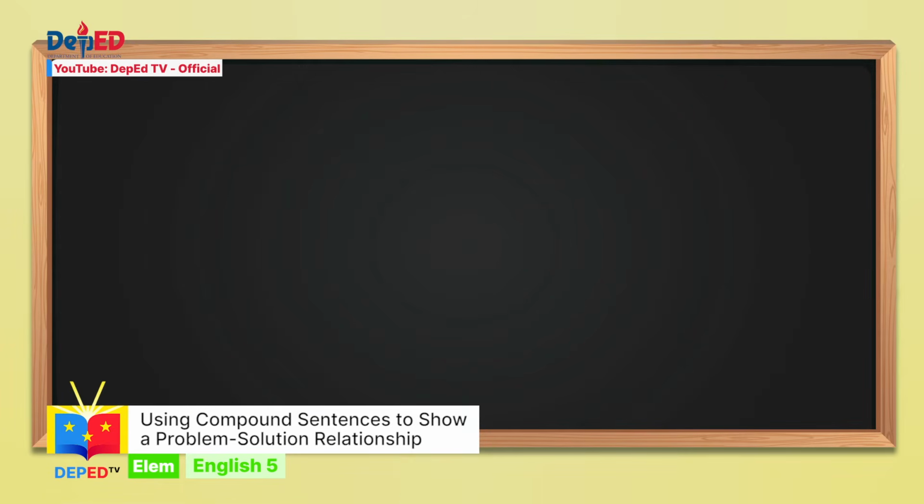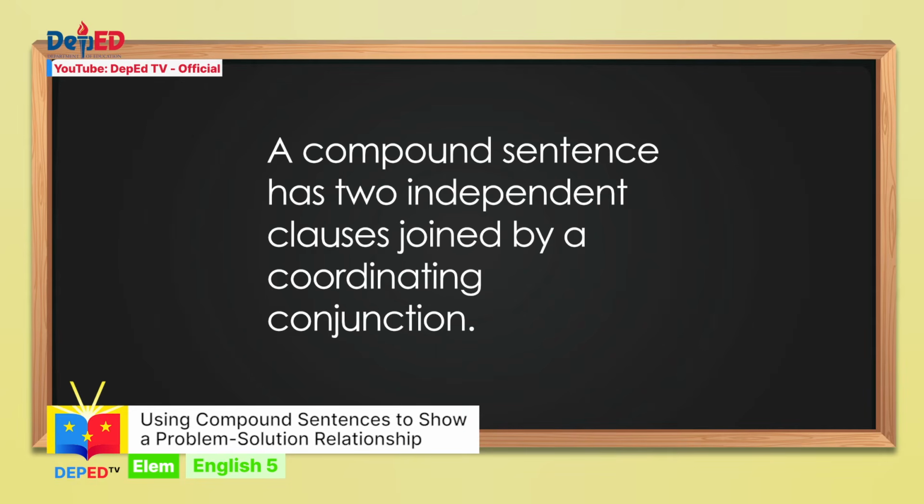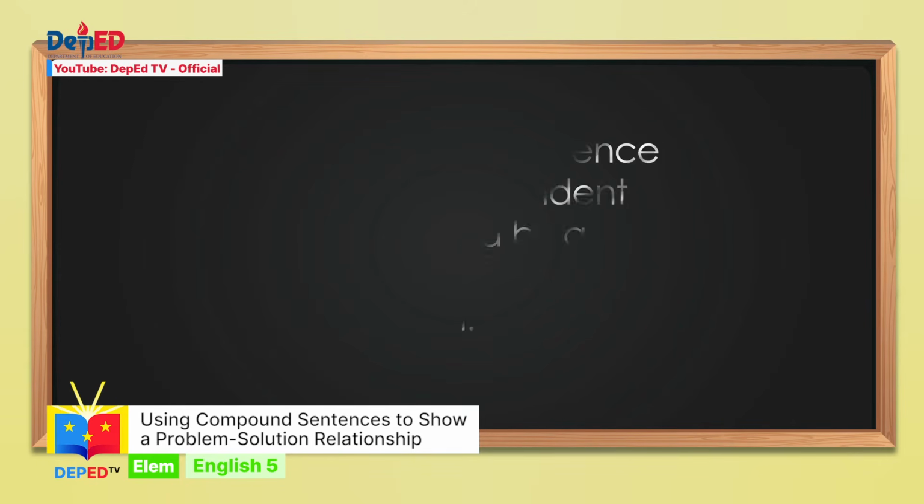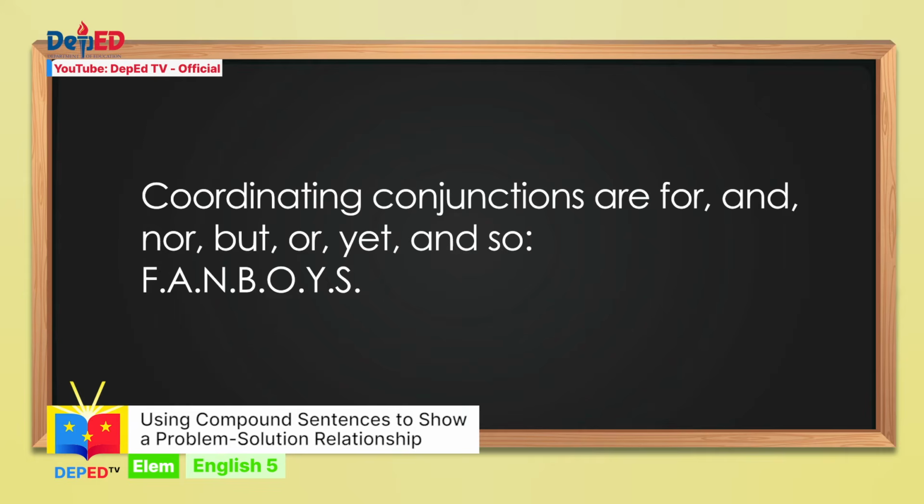Now, let us check on our learning list what we knew today. A compound sentence has two independent clauses joined by a coordinating conjunction. Coordinating conjunctions are for, and, nor, but, or, yet, and so. FANBOYS.